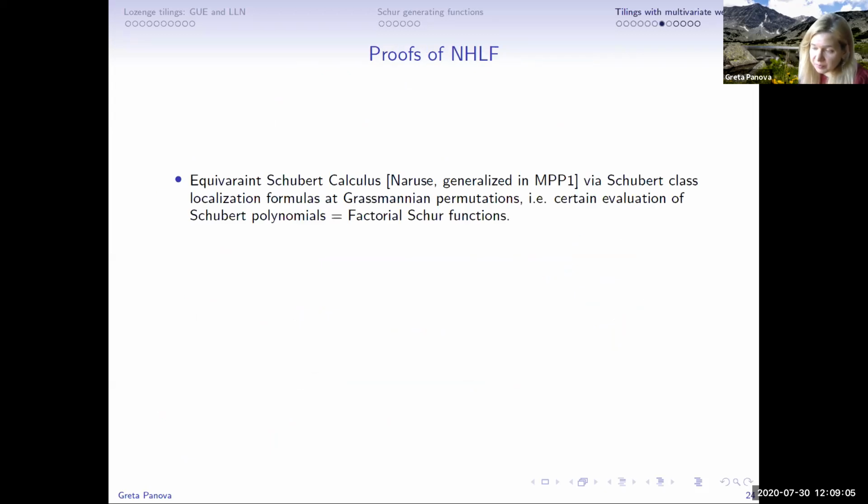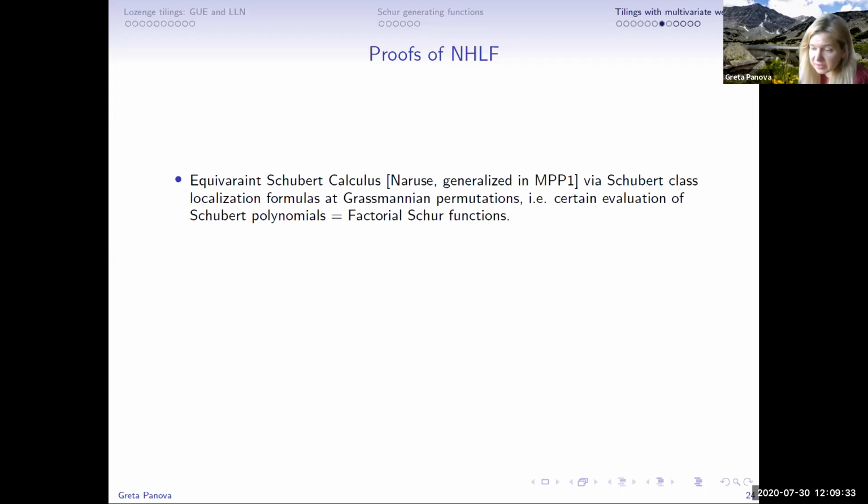And how do we prove this? Well, the original algebraic proof comes from equivariant Schubert calculus, localization of Schubert classes, Grassmannian permutations, and this can be expressed as evaluations of Schubert polynomials, which in this case are factorial Schur functions.